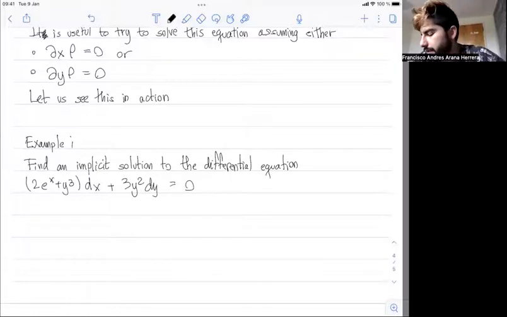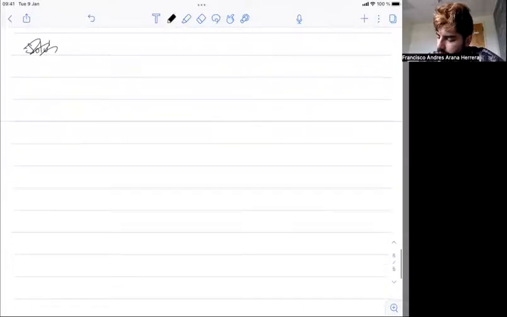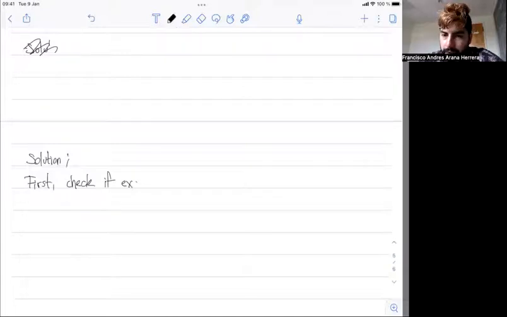We're given this differential form and we're asked to solve the differential equation. As always, the first thing when you're given a differential form equal to 0, is to check if the form is exact. Let's start writing the solution down here. Solution. First, check if exact. For that, we apply Euler's test.